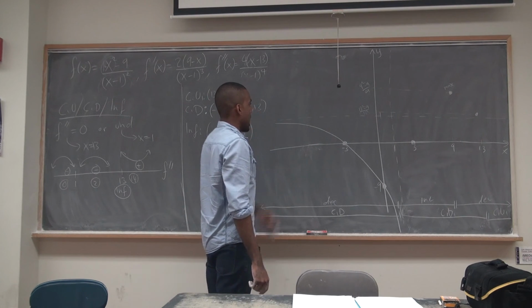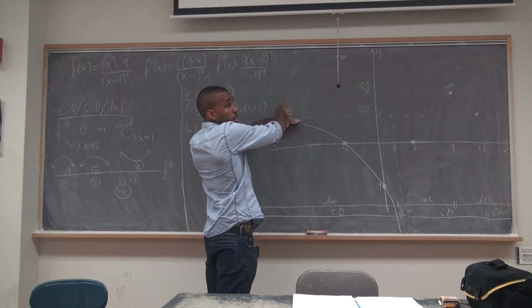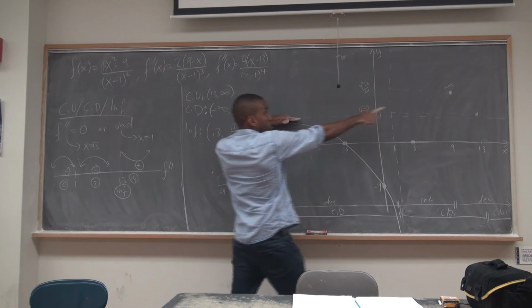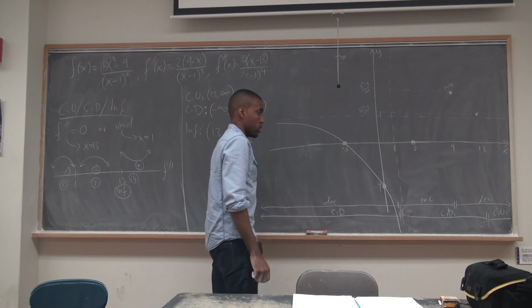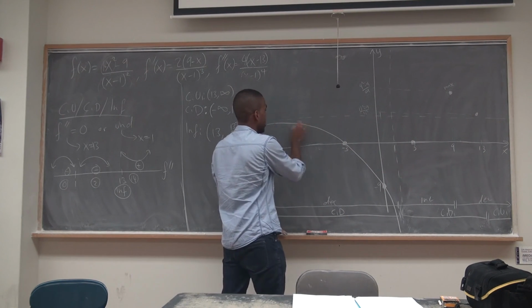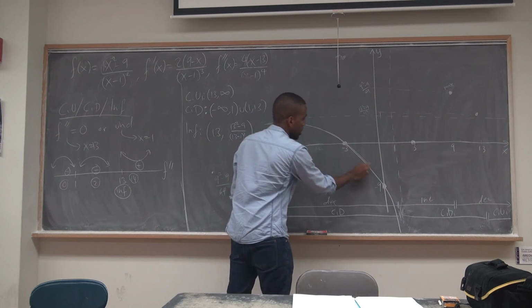So far so good. I know I don't go above this line, because if I pass this line to come back and level off, I create a maximum. And I know I only have one maximum. So I know I have to stay below this line. And I would need an inflection point. So I know my graph has to look like that. It settles at 1 as I go to infinity, but it keeps decreasing concave down.